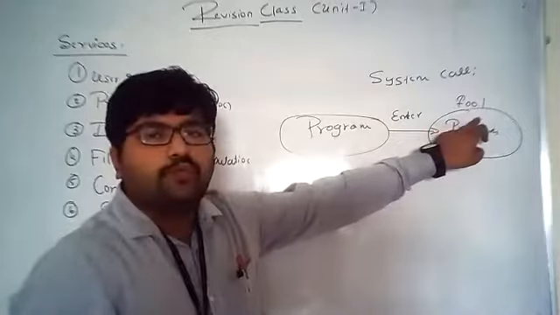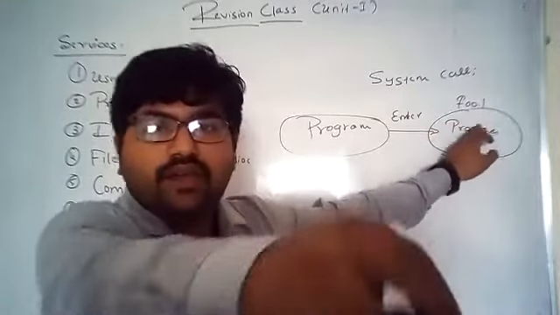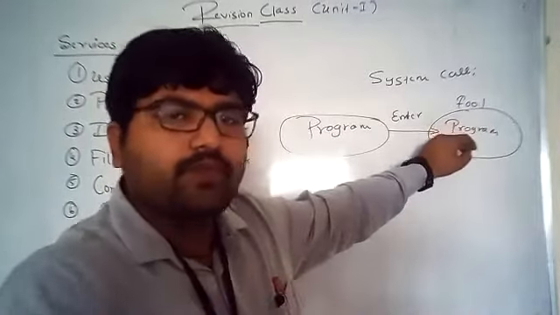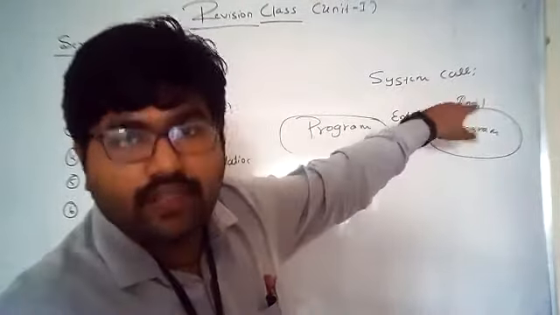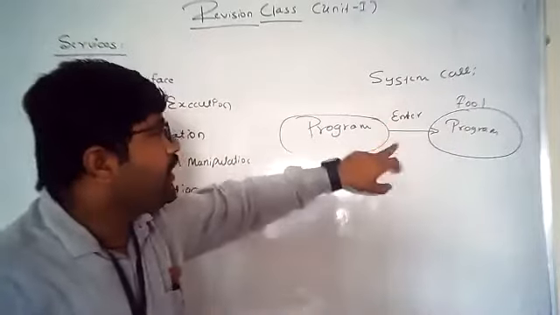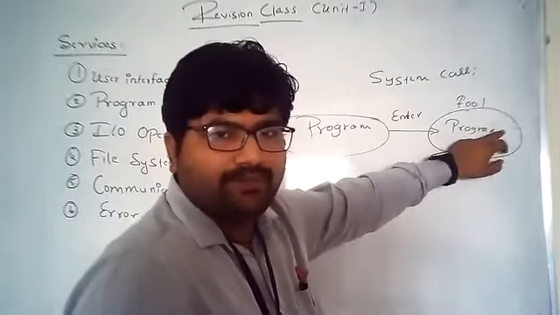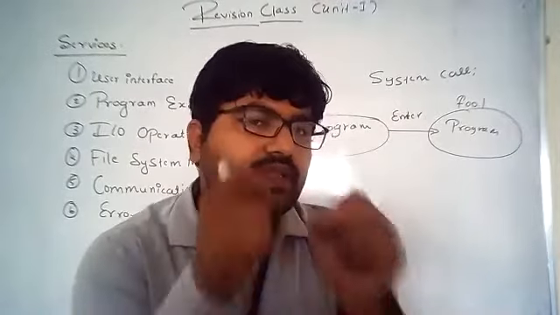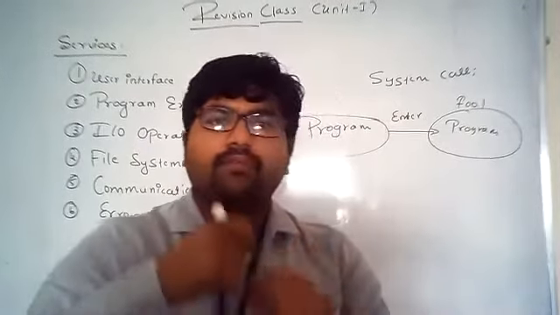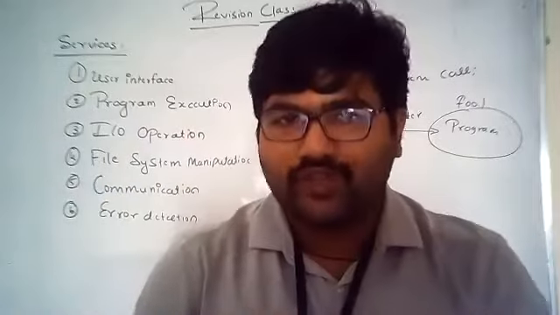It enters into the pool. You will learn in the next unit about the job pool, process pool, job queue and process queue, in process scheduling. A pool is a place in memory where several processes are waiting for execution.